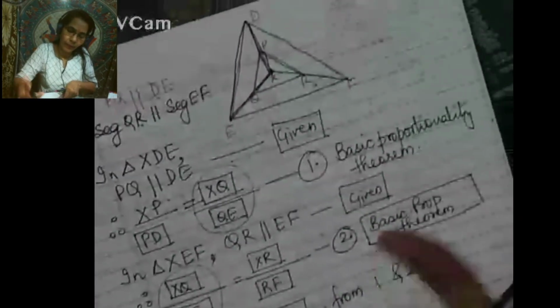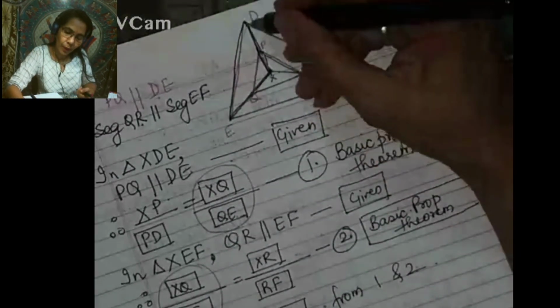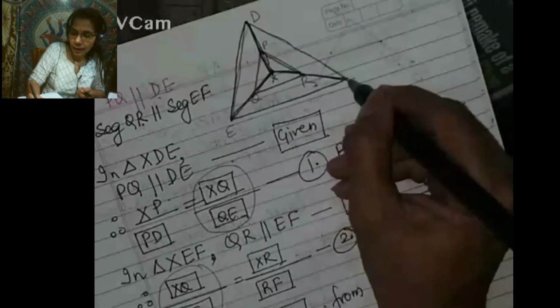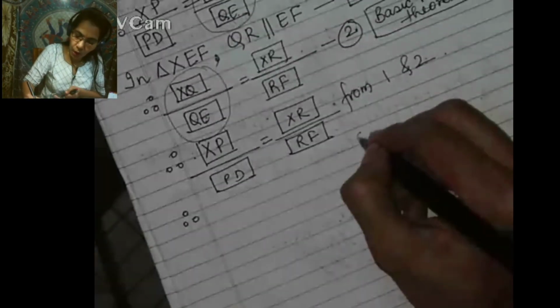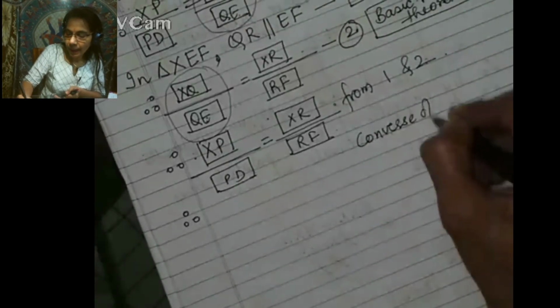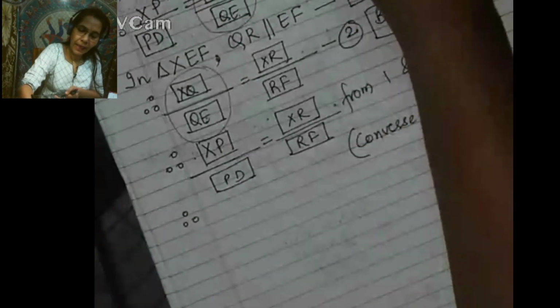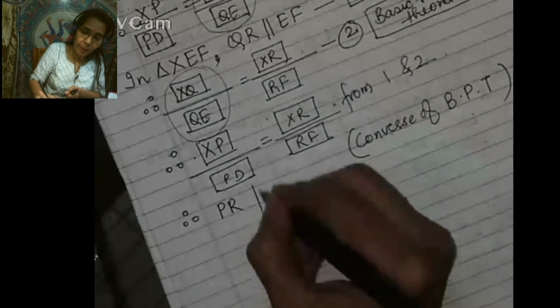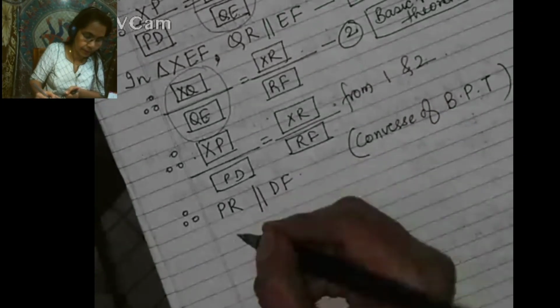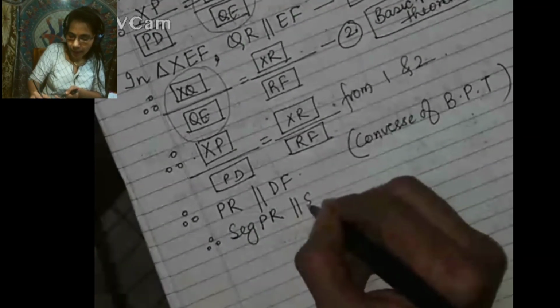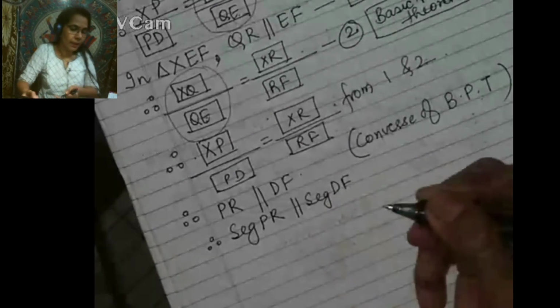Look at the figure again: XP upon PD is equal to XR upon RF. Therefore, by the converse of the basic proportionality theorem, PR is parallel to DF. Therefore, segment PR is parallel to segment DF.